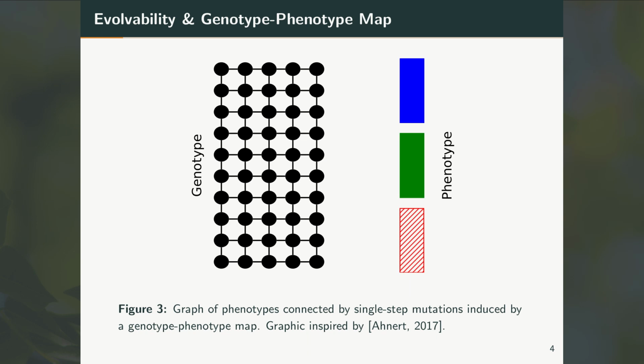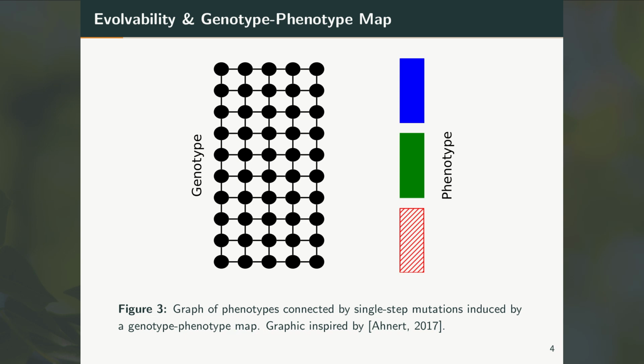So the question of evolvability is really closely tied to the genotype-phenotype map. So let's take a look at that relationship with a hypothetical example here. We've got a genotype space, which is arranged in a grid with the little lines between the individual genotypes representing single mutations.